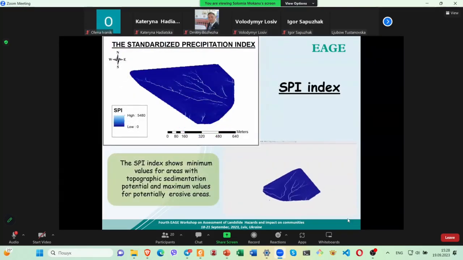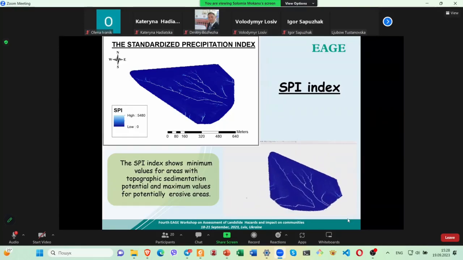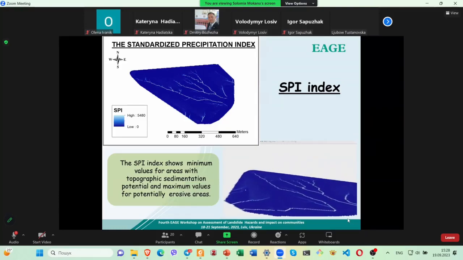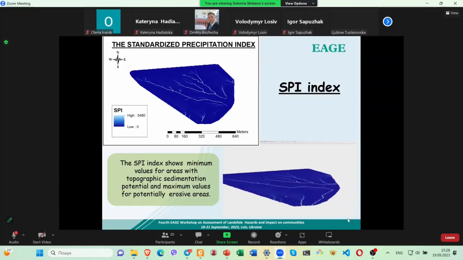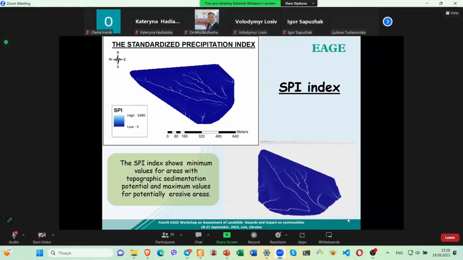Next, the index of susceptibility to linear erosion determines the erosive power of flowing moisture, based on the assumption that the flow rate is proportional to the catchment area. This SPI index shows minimum values for areas with topographic significance and maximum values for potential erosion areas.